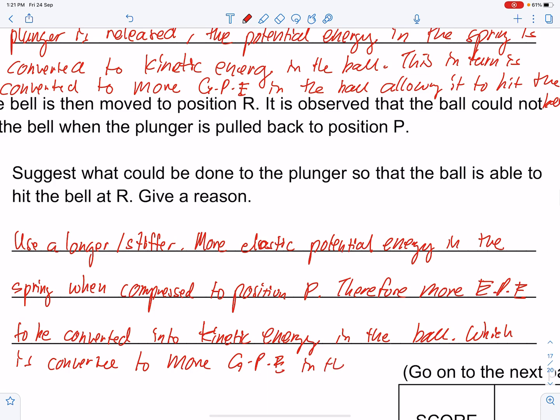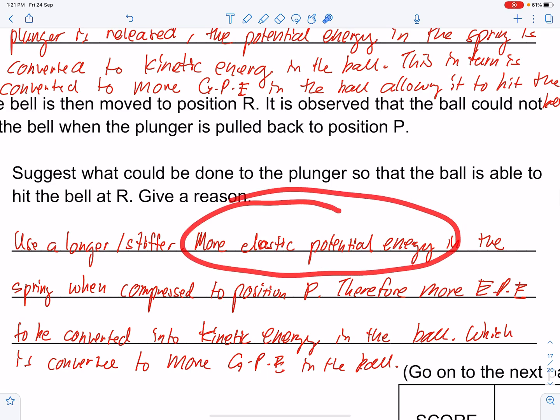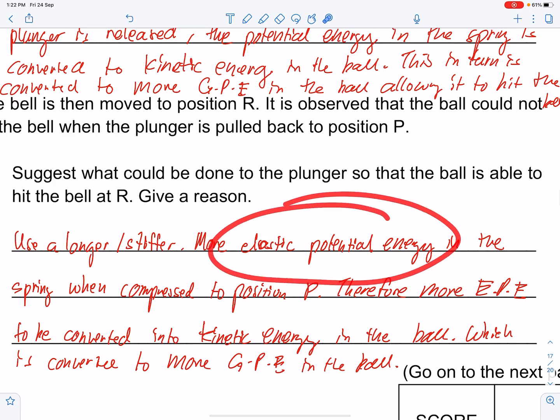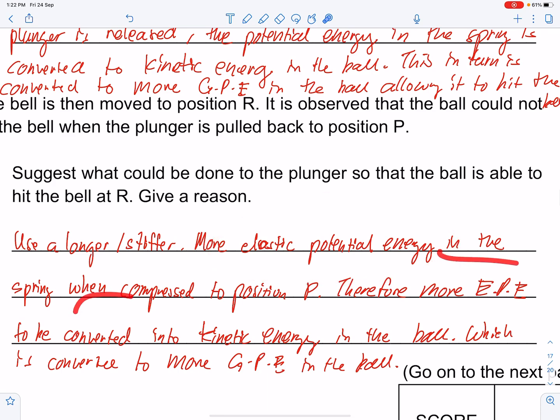So you realize that this and this, the answers are very similar, because it is an exact translation. The only difference is because you increase your elastic potential energy, therefore you will also increase your kinetic energy, and then you increase your GPE. Now it's very important to tell me elastic potential energy in where? In the spring.